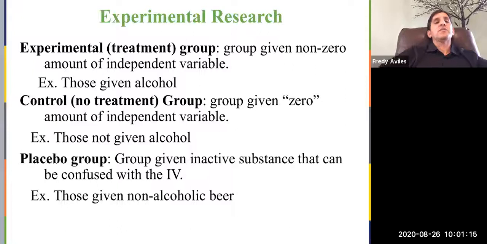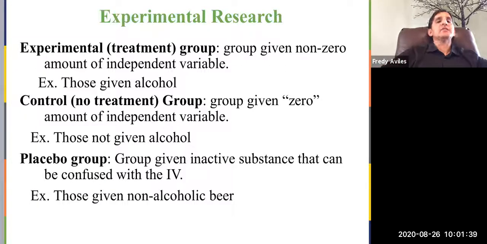They should be more aggressive than the control group. And the experimental group should also show more aggression than those that were given a placebo, those that got some phony substance, some inactive thing that is not alcohol. That way we can compare the different effects.